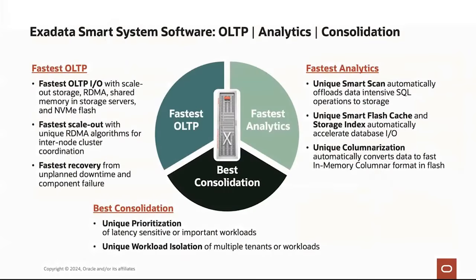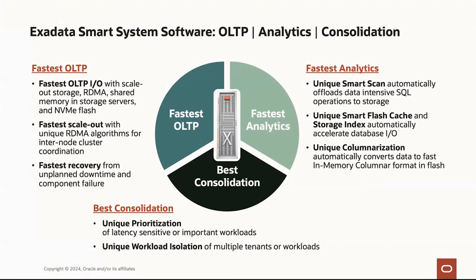All right, and then we'll go over some features of the Exadata storage server software. One of them is the Smart Scan technology. This offloads data-intensive SQL operations from the database servers directly into the storage servers. And they do this by pushing SQL processing to the storage servers.